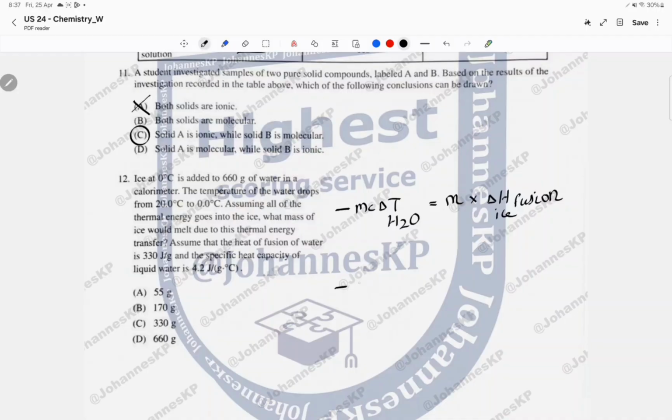So minus the mass of the water is 660, c of the water is 4.2, delta T means 0 minus 20, is equal to the mass of the ice, which is basically unknown, times the heat of fusion, which is 330.